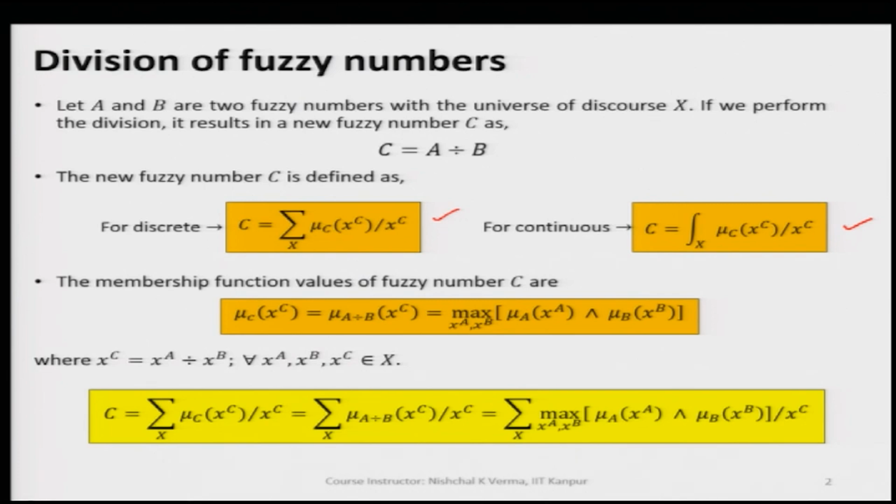So, let us first find the membership values, and this is represented by mu C, because C here will be the resultant of A divided by B. So, C has been designated here as the fuzzy set.